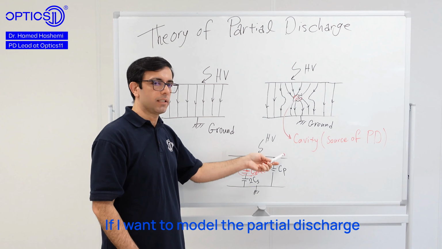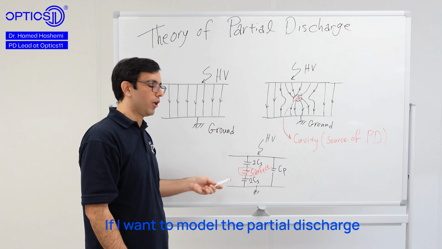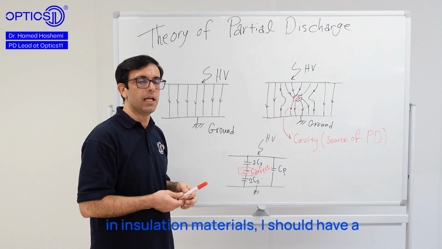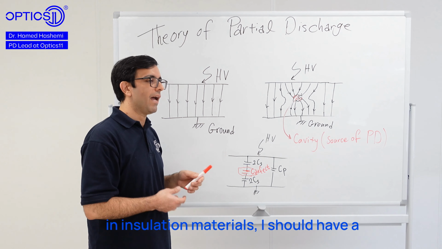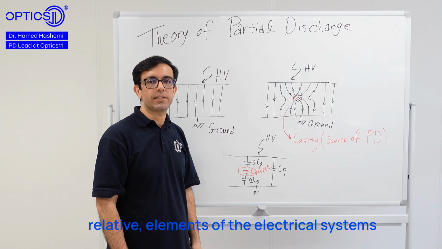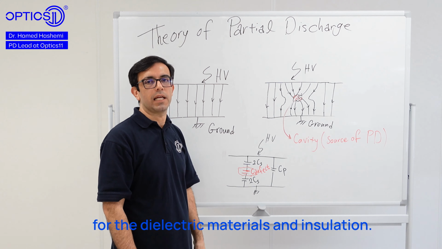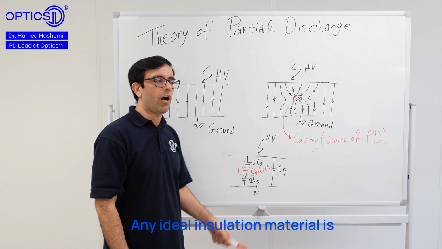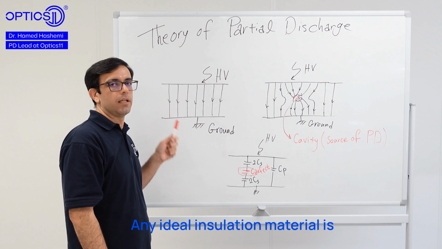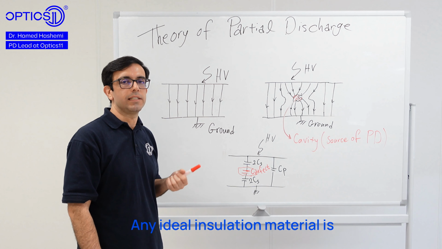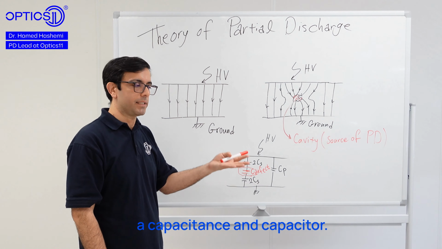If I want to model partial discharge in insulation materials, I should use the relevant elements of electrical systems for the dielectric and insulation materials. Any ideal insulation material is a capacitance, a capacitor.